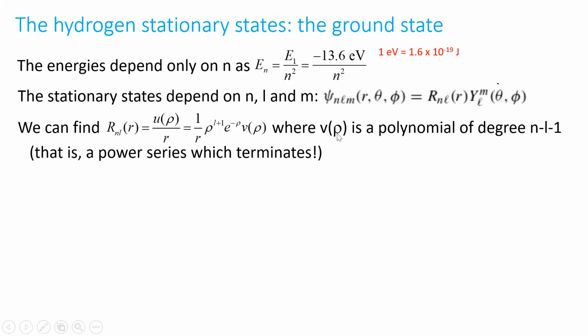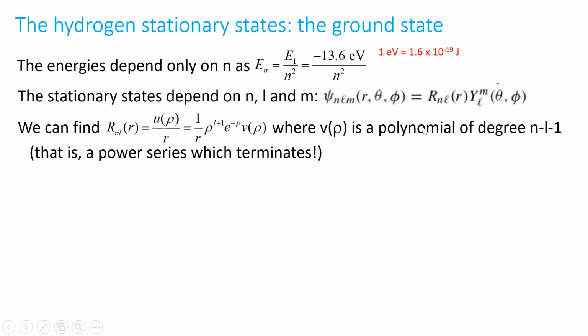Of course, rho is just a scaled version of r. So that's why it makes sense for us to say big R of r is something involving rho, because rho turns out to be kappa, this constant, times r. So rho is linearly related to r, so it's still a function of r.